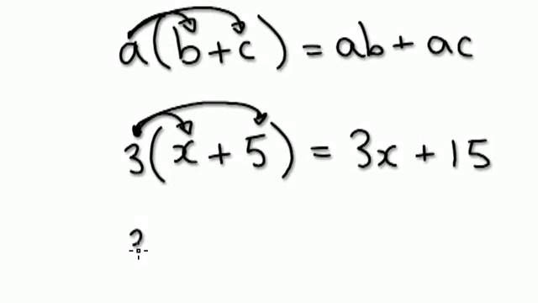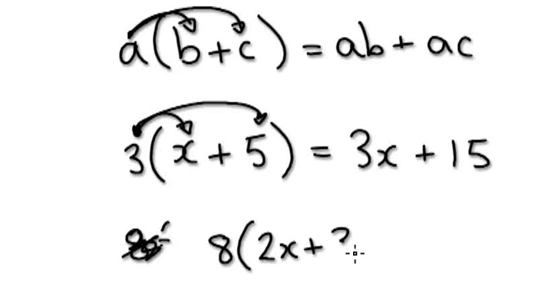If you have something like 8 times 2x plus 3, just get this times this. So this would be 16x.